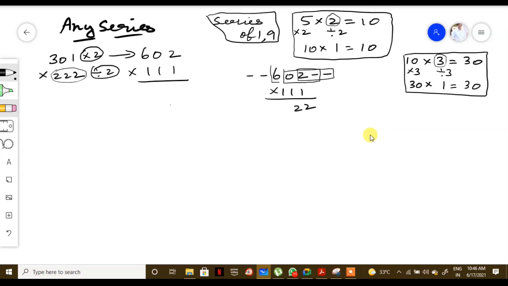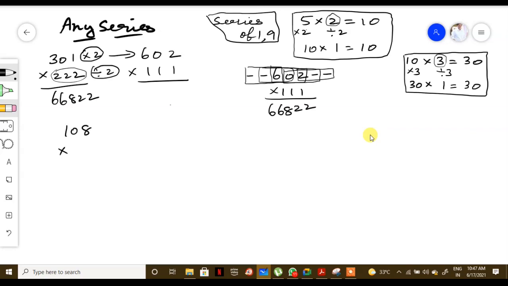Again 6 plus 0 plus 2 is 8. Again dash plus 6 plus 0 is 6. Next one is dash plus 6, you get 6. So the answer is 66822. Okay? So we got the answer for this question, 66822.